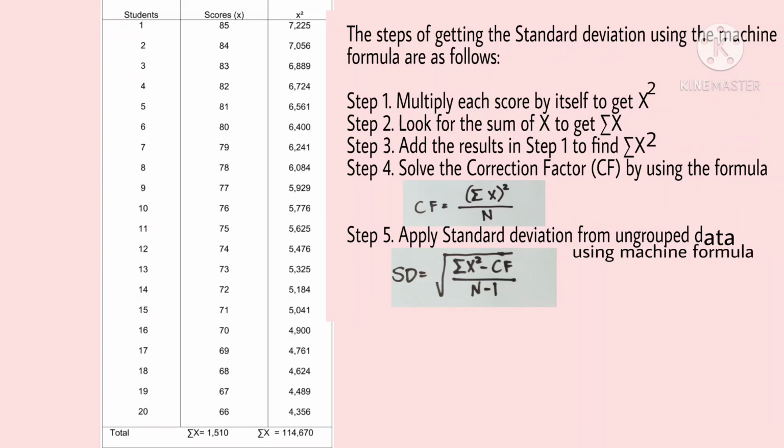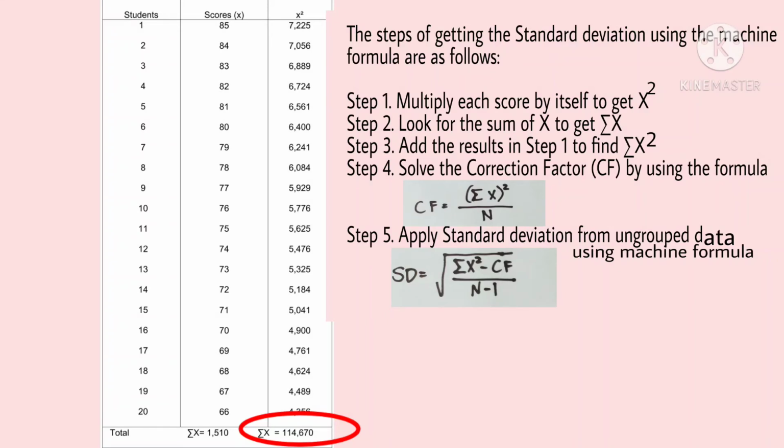14,281 plus 6,889 plus 6,724 plus 6,561 plus 6,400 plus 6,241 plus 6,084 plus 5,929 plus 5,776 plus 5,625 plus 5,476 plus 5,329 plus 5,184 plus 5,041 plus 4,900 plus 4,761 plus 4,624 plus 4,489 plus 4,356 is equal to 114,670.